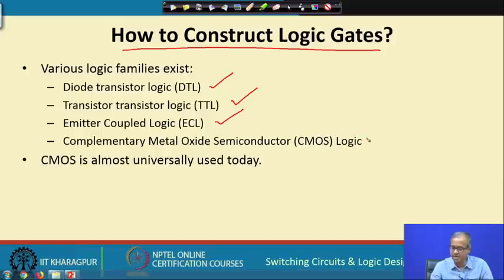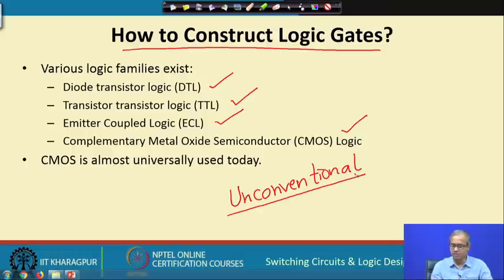Today the most widely used is something called CMOS, complementary metal oxide semiconductor. This is universally used today, and there are some unconventional families also, which we shall also be discussing in the next lectures.